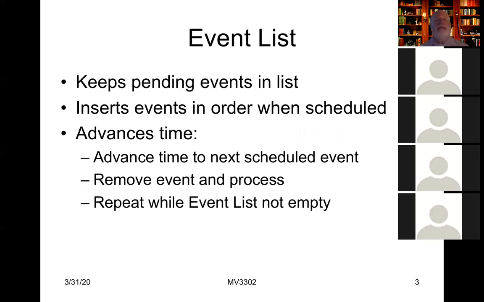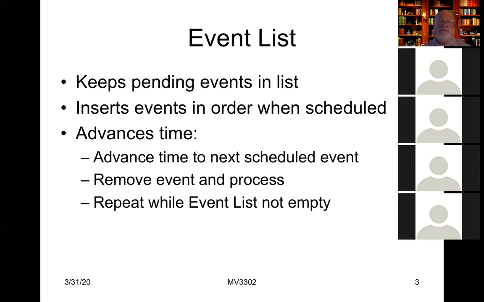Okay, so again, the event list keeps the pending events in the list. It's also important to know that it doesn't keep all of the events that will ever occur in the simulation. It will only list the pending events. And the most important thing is just that the next event is on the list, because time is going to advance to that.